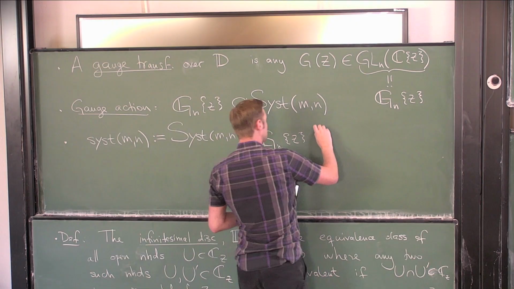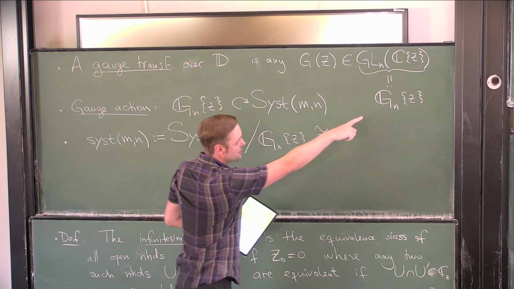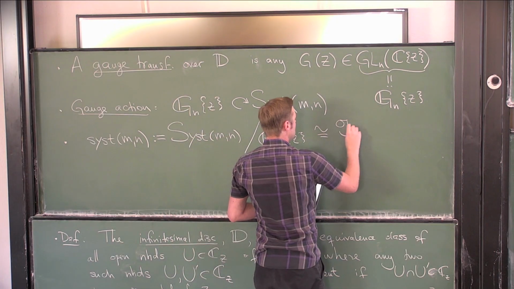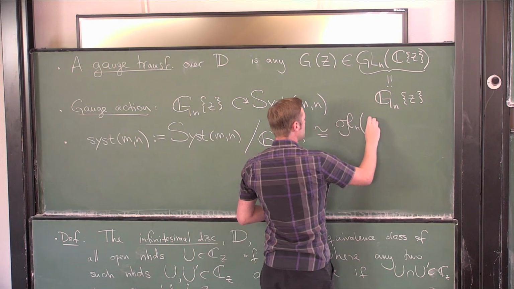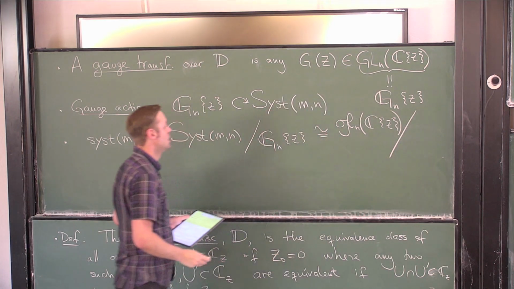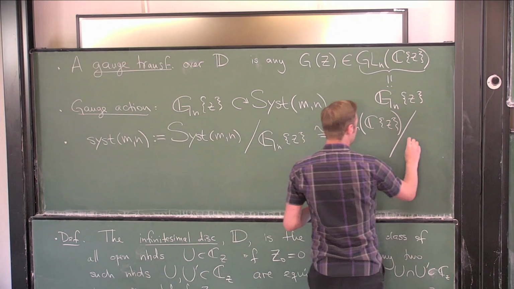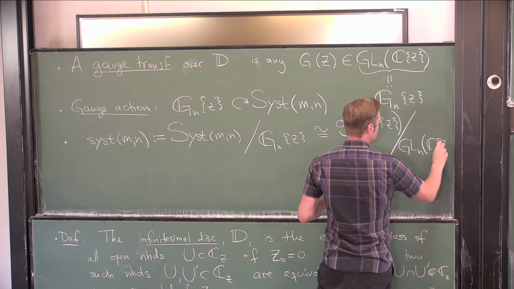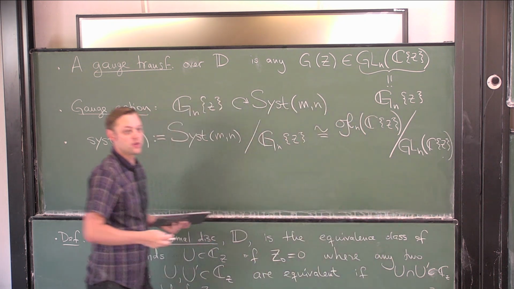This is under that identification of the space of all systems. This is just the gauge action of big GLN on little GLN, but with coefficients in convergent power series.